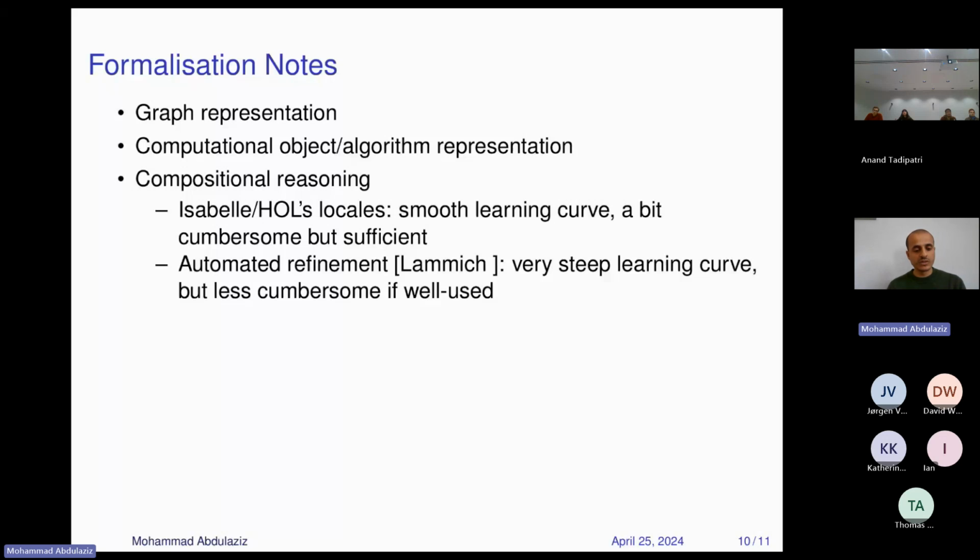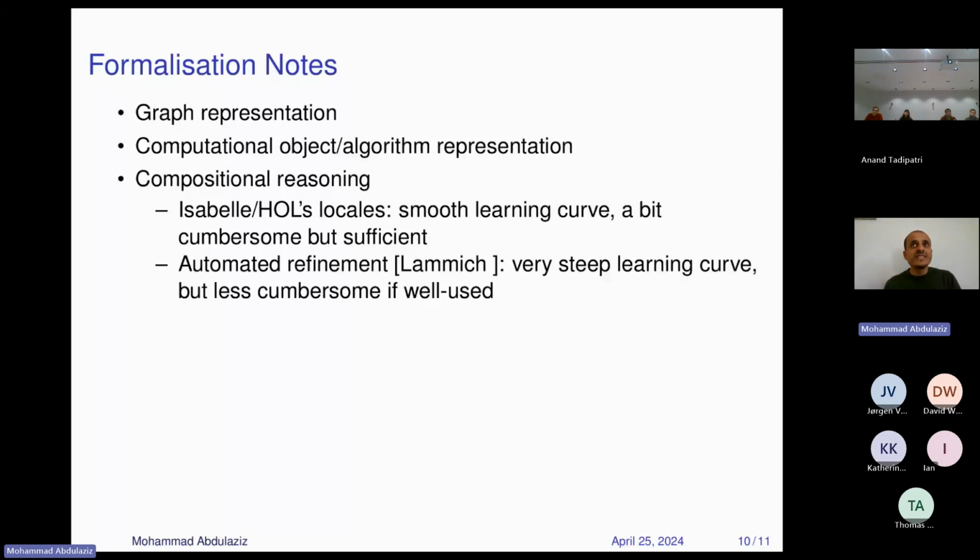Afterwards, you instantiate these locale assumptions with an actual implementation, for example one that uses balanced trees or arrays or something else. There are many ways to implement a set, like with AVL trees or red-black trees or any other tree.